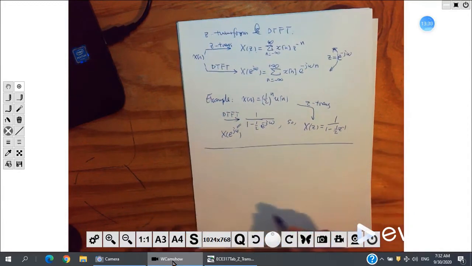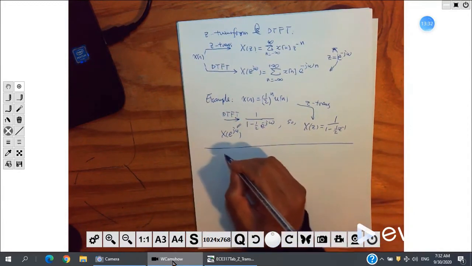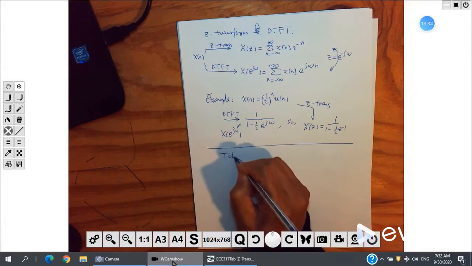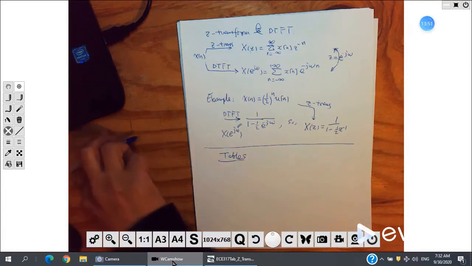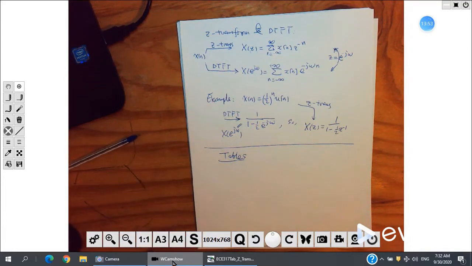Okay, now let's go to tables. To find the z transform based on the definition takes a lot of time. It is not hard, just a lot of calculation. You know how to do it, you just go step by step and you can find the answer.